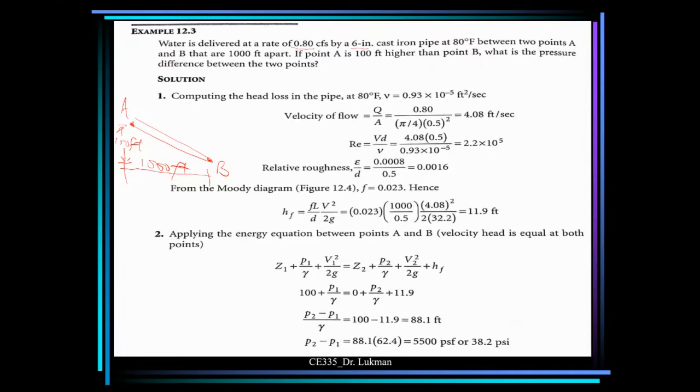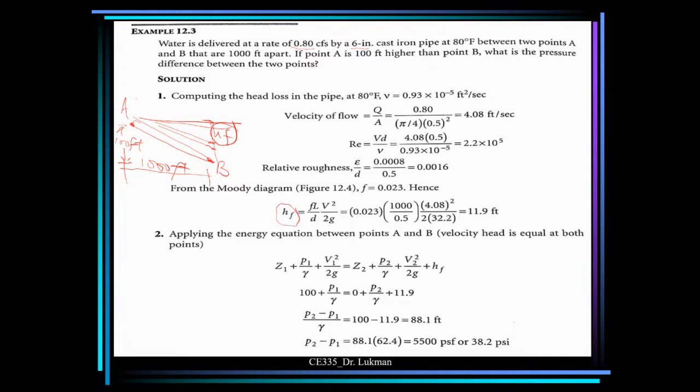We need to subtract the head loss, because as the water is flowing, let's say the piezometric head, so there will be the head loss. Okay, so we need to determine the head loss so that we can now find the pressure difference. And to determine the head loss, we need to get the head loss due to friction, HF.